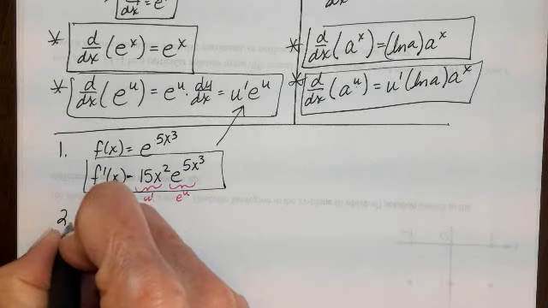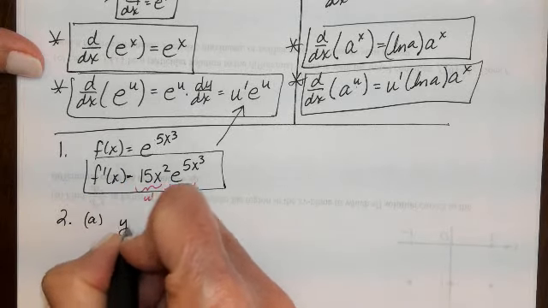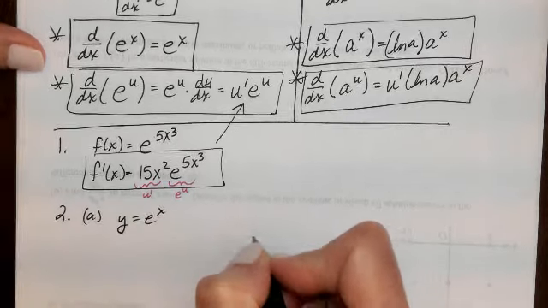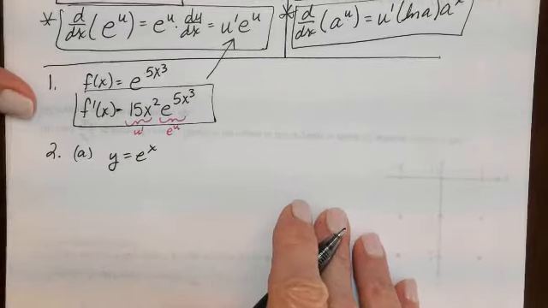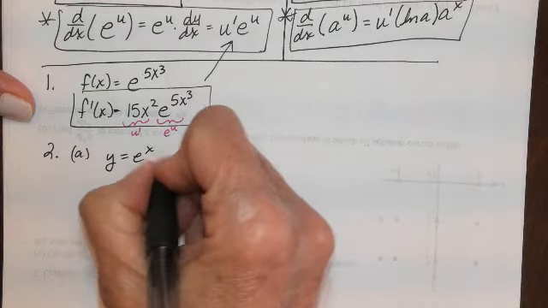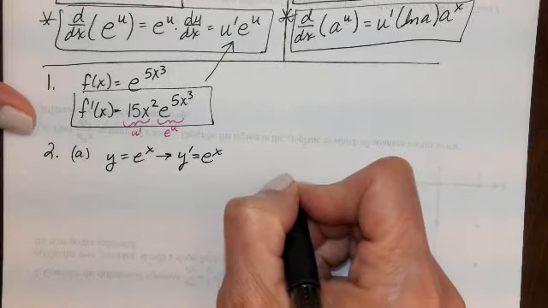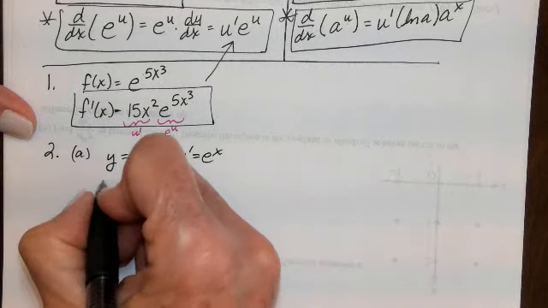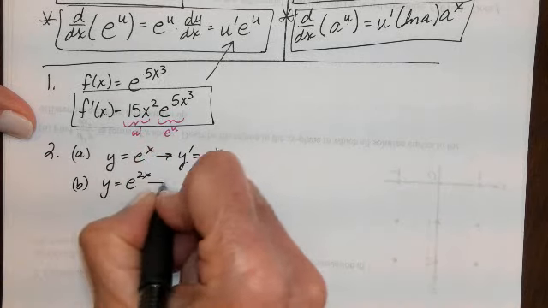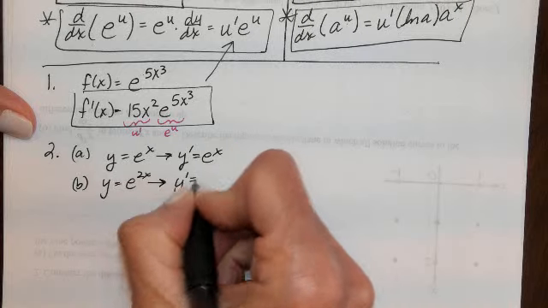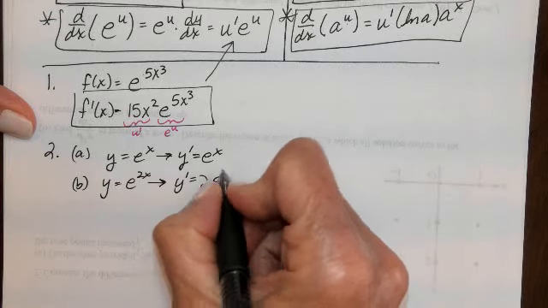Number 2. A, a quickie. If y is e to the x, what is y prime? Well, y prime is just e to the x, right? What if y was e to the 2x? This is part B. Then y prime would be the derivative, 2 e to the 2x.